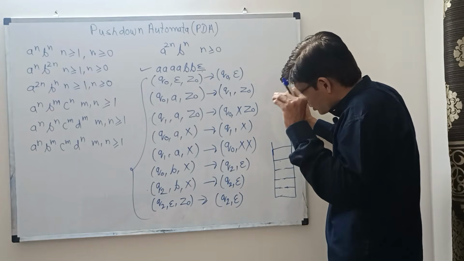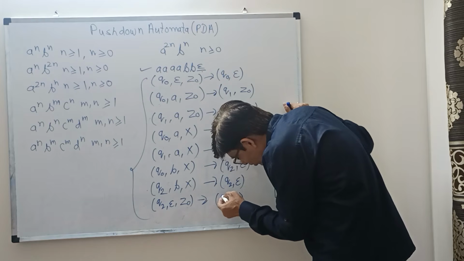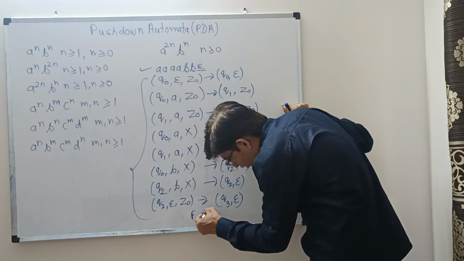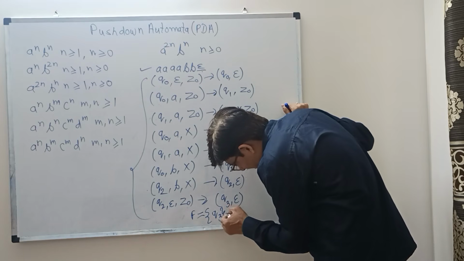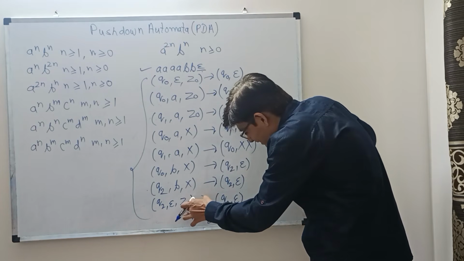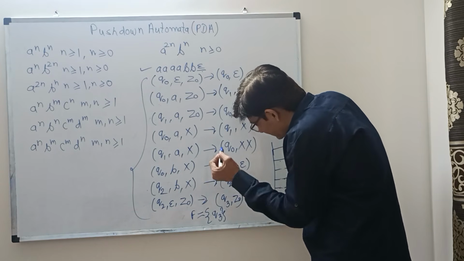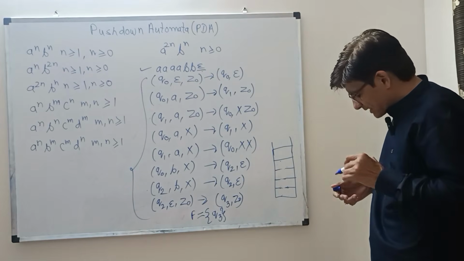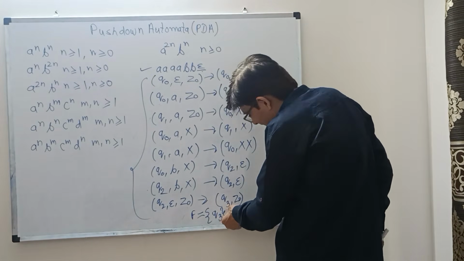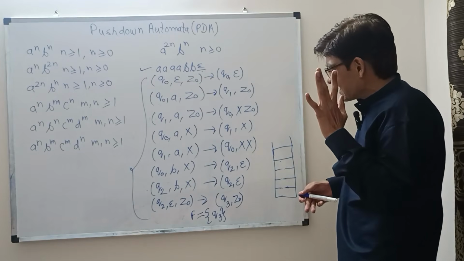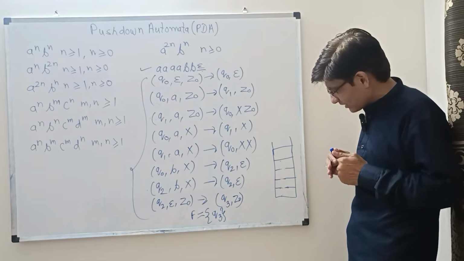Instead of staying in Q2, we can change our state to Q3, and Q3 would be your final state. You can pop this Z0, or you can simply keep Z0 in the stack, so that once you reach Q3, that means the string is accepted. Whether the stack is empty or not doesn't matter at all.